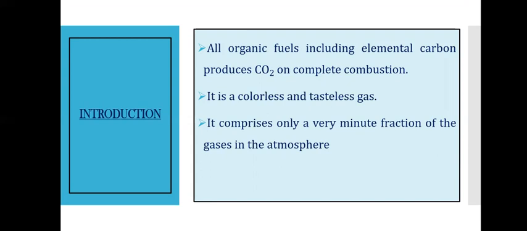So both together constitute around 99%. 1% are other gases. So amongst them, one of the fractions is going to be carbon dioxide. Now this carbon dioxide gas is with a formula of H2CO3. So I hope so far so good. We move to the next slide.